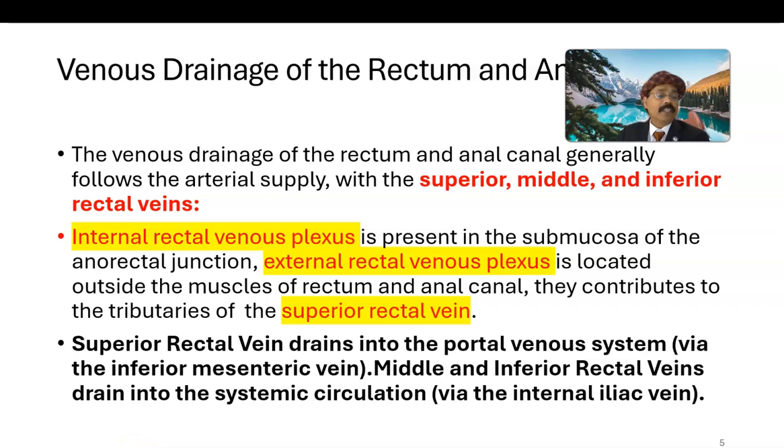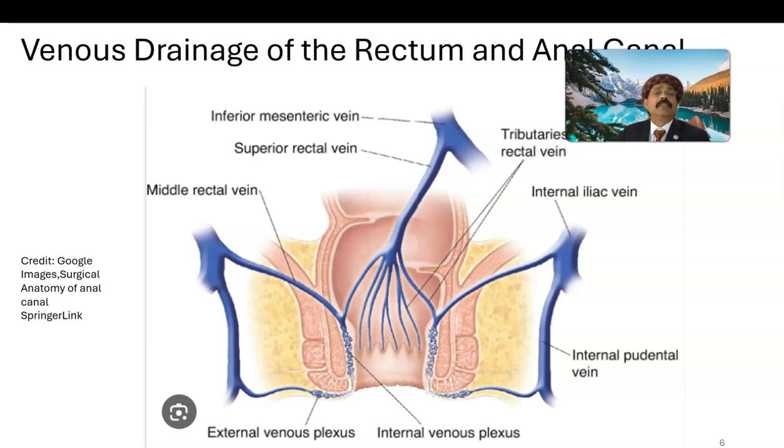We'll go to the next slide. This is the venous drainage of the rectum and anal canal. The superior rectal vein is contributed to by the internal venous plexus in the submucosa; around 7 centimeters above the anus we get the formation of the superior rectal vein from the tributaries of the internal rectal venous plexus.